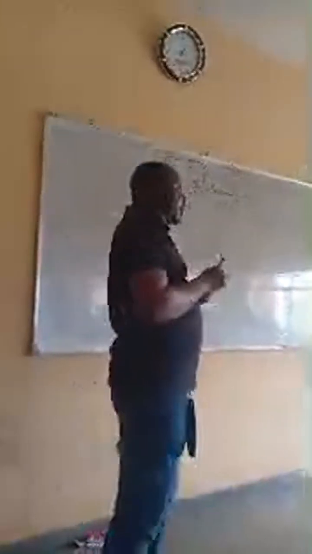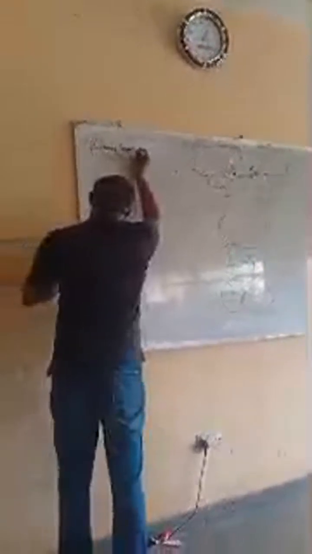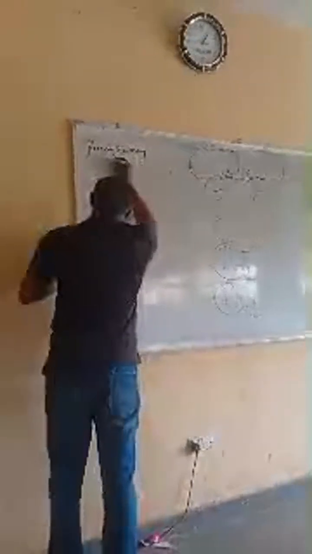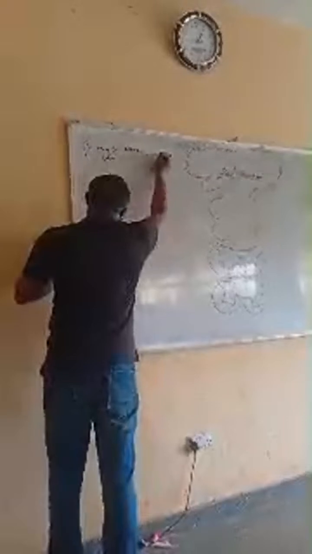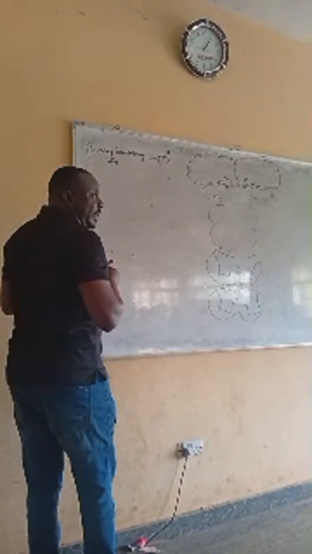It originates from where? From the primary motor cortex, the supplementary motor cortex, the premotor area, and even the primary somatosensory cortex. Actually, the primary somatosensory cortex contributes about 40% of the fibers.